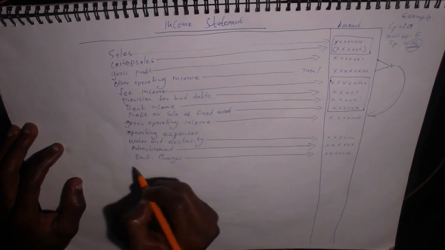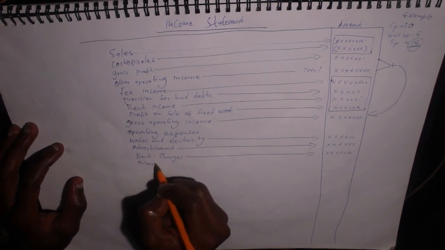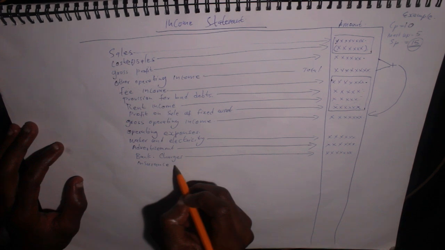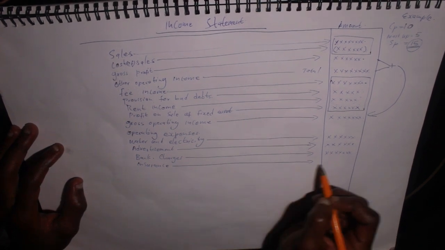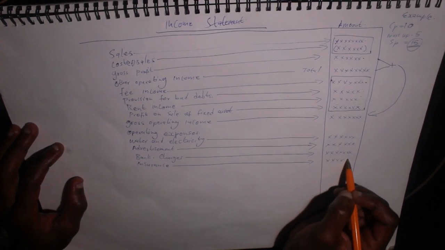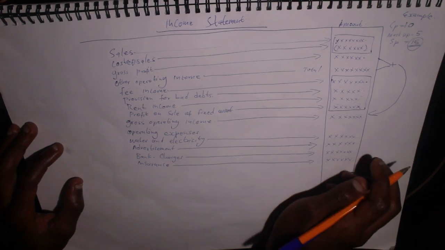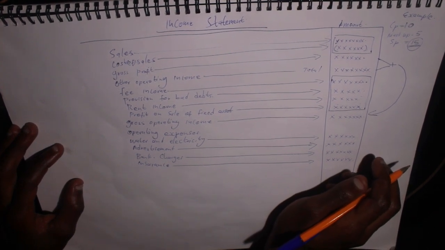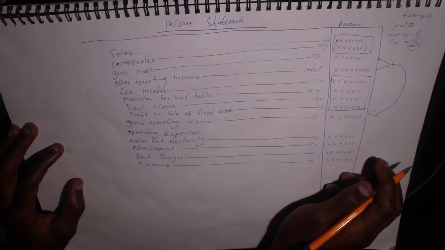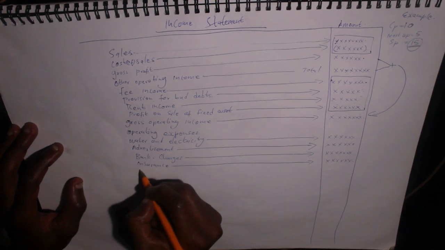And then another example, we have insurance. Insurance is also part of the expenses that I can think of. And then we also have what we call trading stock deficit.